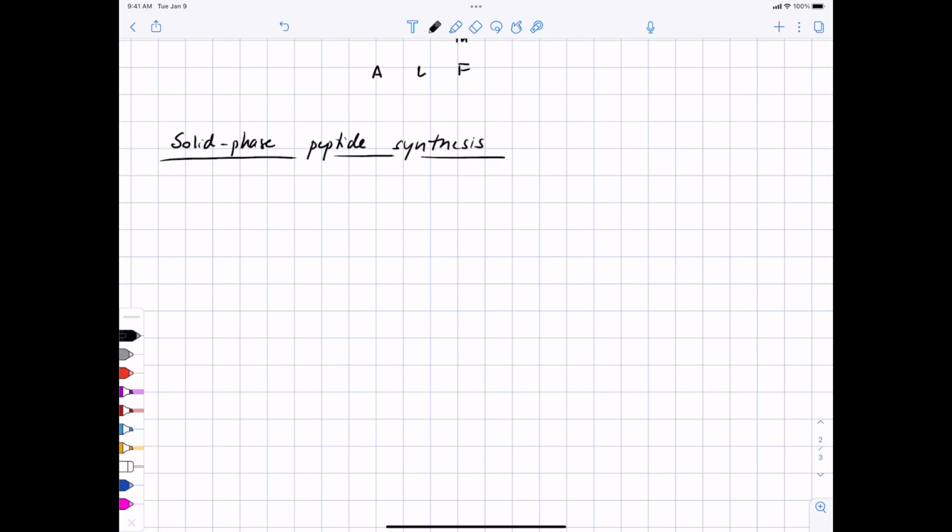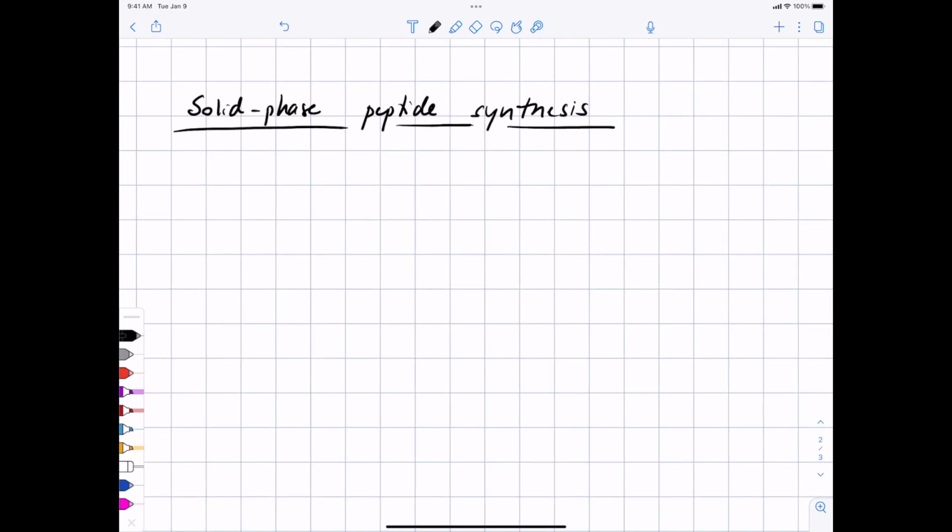I want to spend just a few minutes talking about how solid phase peptide synthesis works. As I said, the person who's responsible for this is named Bruce Merrifield. That's not a test question, but he's a Nobel laureate, won the Nobel Prize in the 1980s for the work that began in the 60s to generate this.